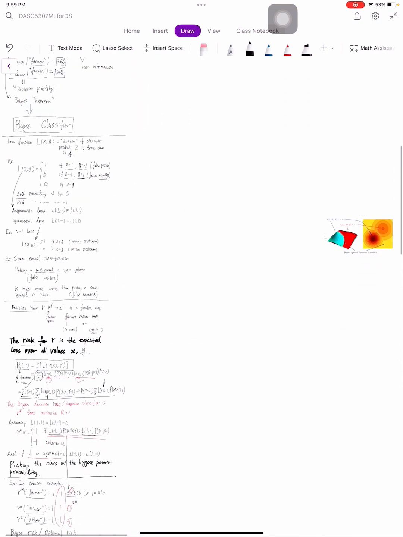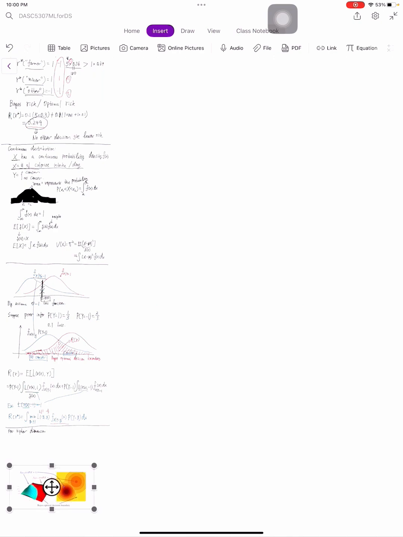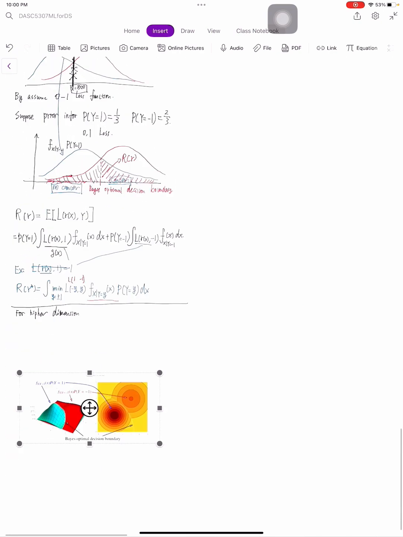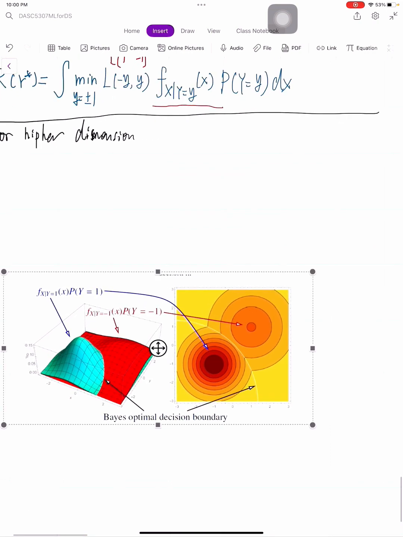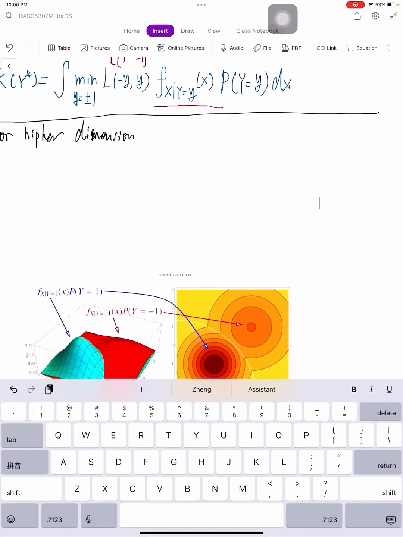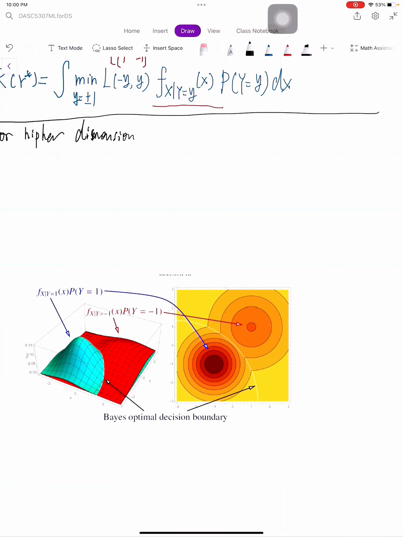So now for the higher dimension, I'll show you another plot. Okay, for the higher dimension, among the cancer and the no cancer group, we can fit two distributions.